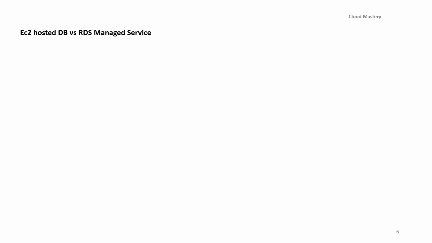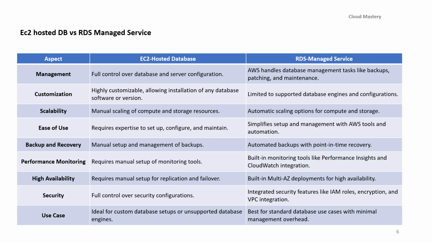Let's move on to compare the databases configured at the EC2 level with the managed service from RDS, where you are also managing some services. What kind of pros and cons can you see here? Let's talk about the management point of view.